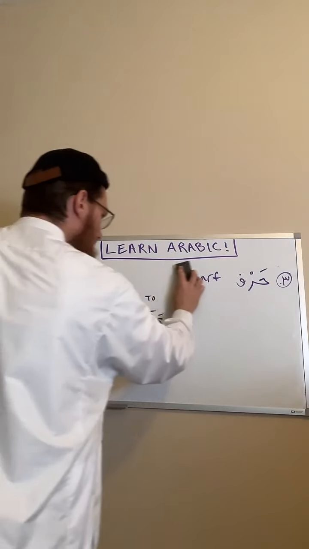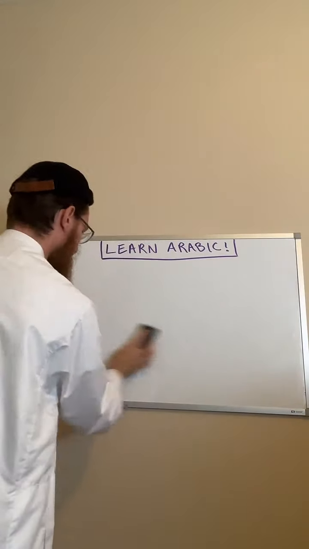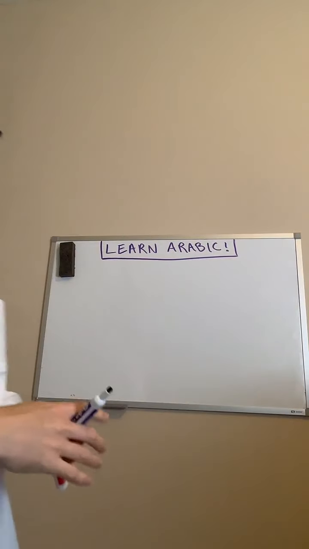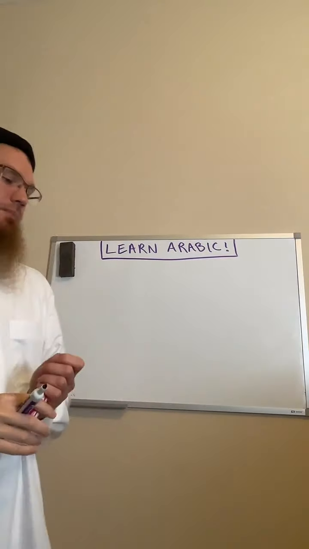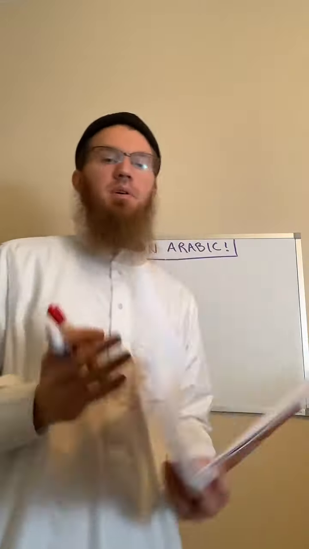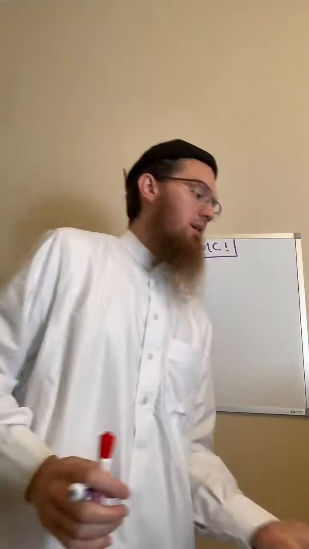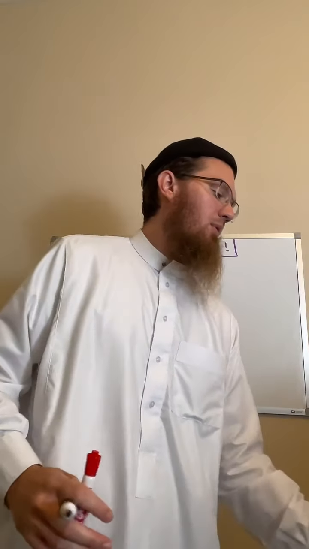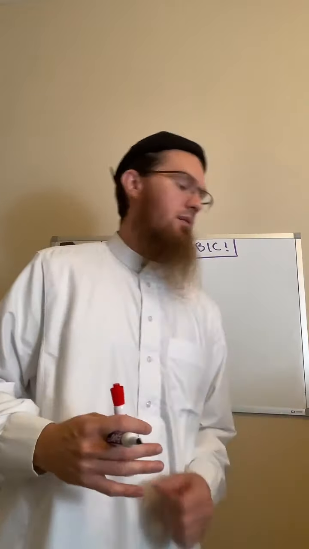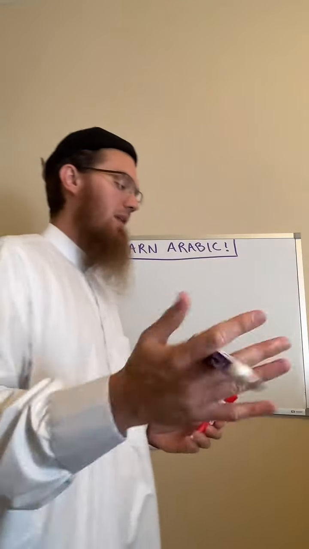Okay? So what the student would be expected to do, right? If you really want to learn Arabic, if you get this book, for example, then you would want to memorize each type of word, the definition along with examples. And then I would want to quiz you.